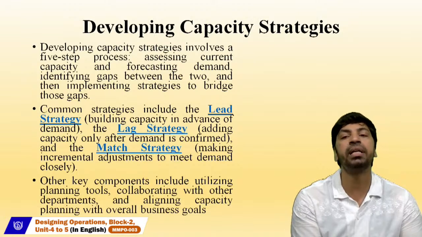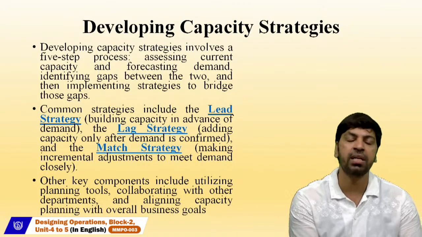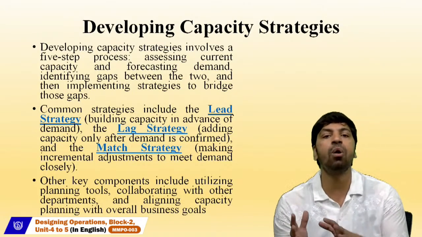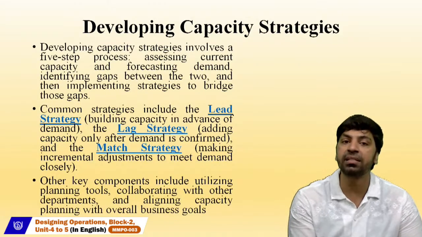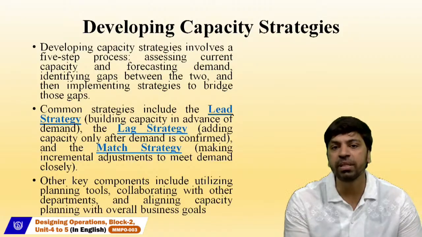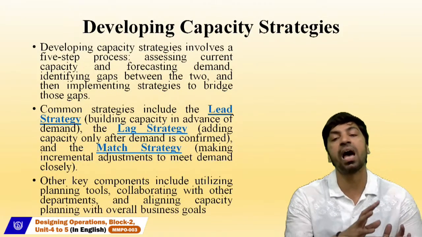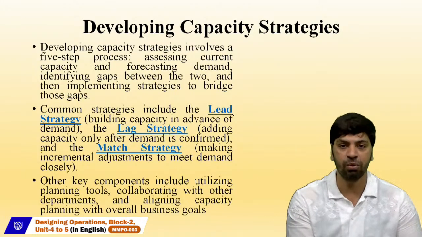It's called a lead strategy, a lag strategy, and the next one is match strategies. Other key components include utilizing the planning tools, collaborating with the other departments, and aligning the capacity planning with the overall business goals.